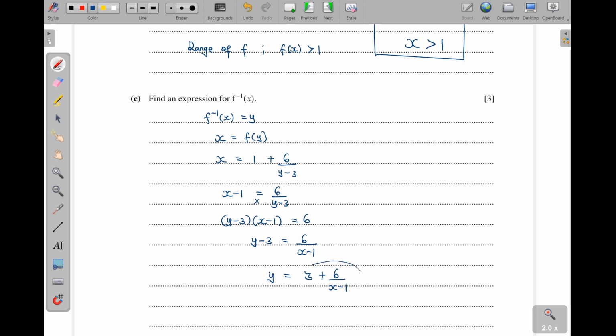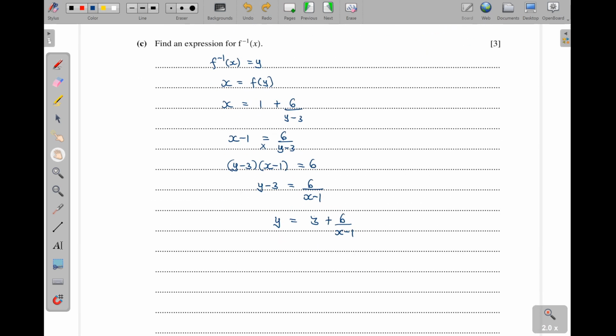Okay, I can write my answer like this, or I can go further, and then I simplify that. Okay, so my f inverse is going to be 3, then plus 6 out of x minus 1. You see that? Or you can also write it as, well, from here, this one can be x minus 1.